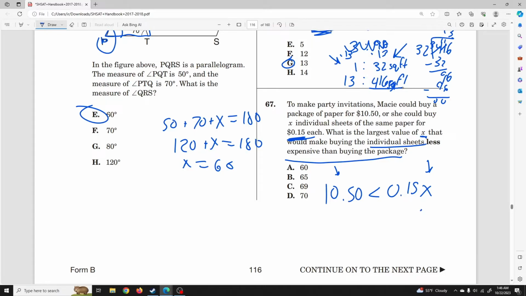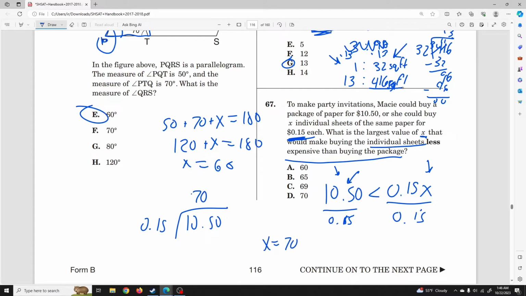So let's just divide both sides by 0.15, right, to find which value actually gives us this number, and then we'll just subtract 1 from that value. If we divide 10.50 by 0.15, we get 70, right? So when X is equal to 70, both of these are equal to one another, because 0.15 times 70 is equal to 10.50, right? Obviously, I'm not going to do all that division.